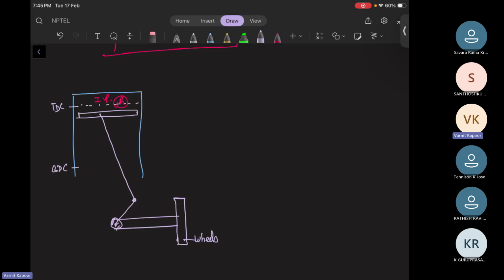Whatever power I was getting on the wheels, these wheels were rotating at a velocity omega, and there are brake shoes or brake pads available with us.